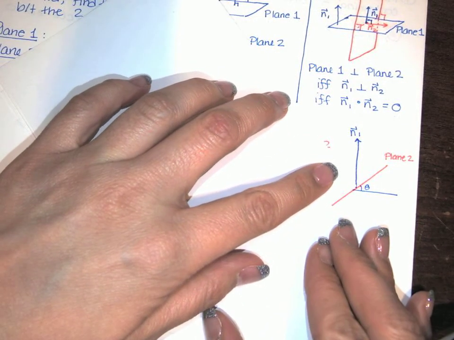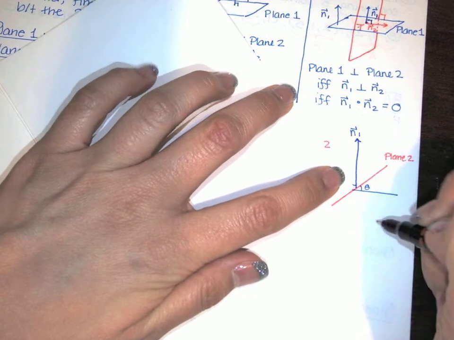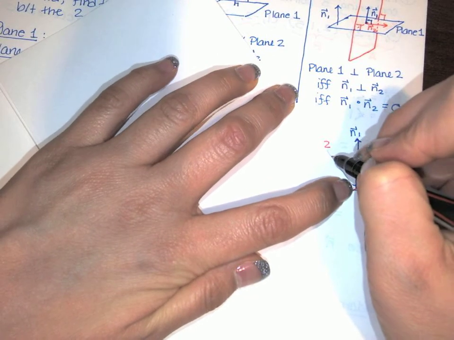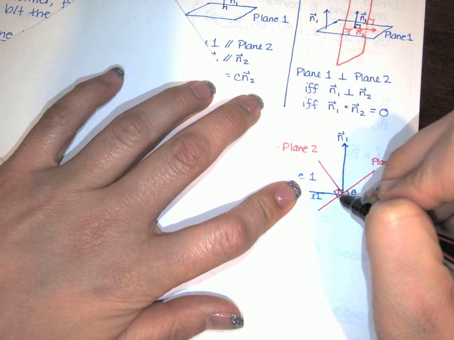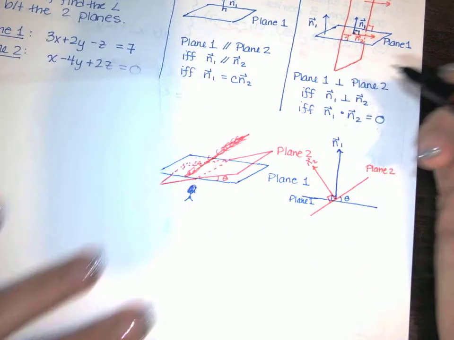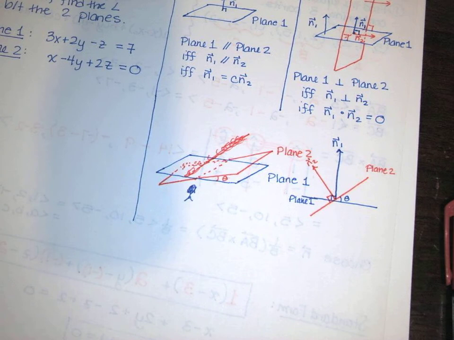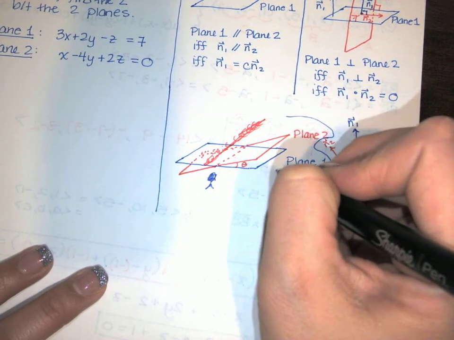All right. So the normal vector to plane 2, one of them is going to go down, the other one's going to go this way. And I'll try to draw it like that. And that's at a 90-degree angle to plane 2. That's N2. Okay. And don't be distracted by all those labels from the other picture.